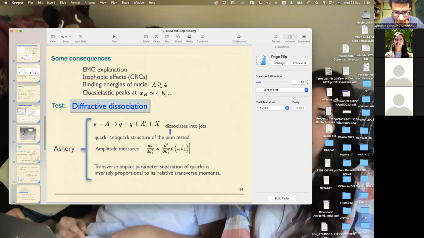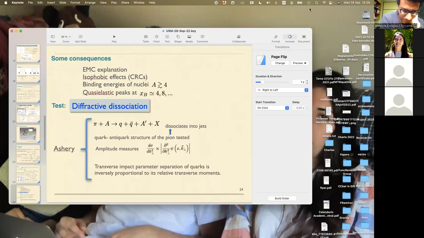More questions from the audience? I was asking because, if you're studying, for example, showers in the atmosphere from cosmic rays, I would imagine these diffractive processes are more common than, say, head-on collisions.